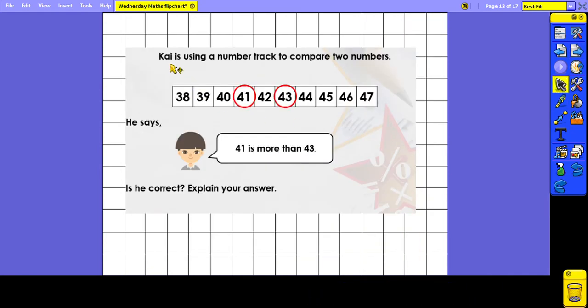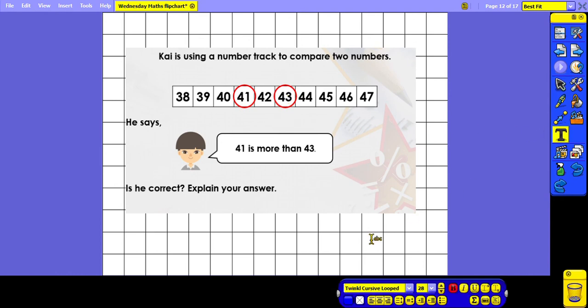And here Kai is using a number track to compare two numbers. He says 41 is more than 43. Is he correct? Explain your answer. Okay, so he's saying 41 is more than 43. So if we look at the number track, we can see that 43 is a greater number than 41 because we are counting on to get to 43.